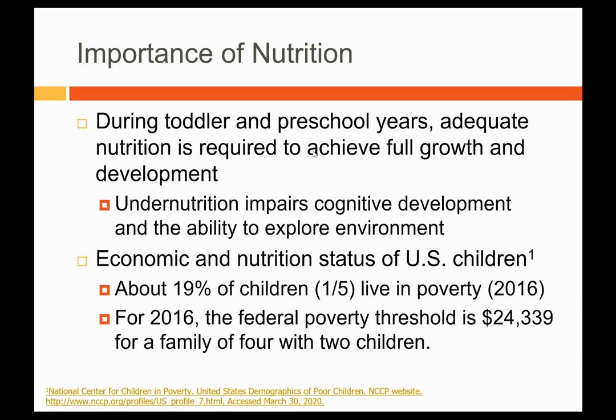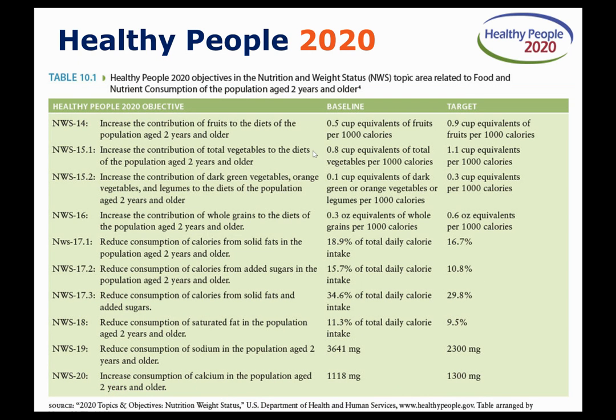So we know that poverty is the main predictor of food insecurity. So if 1 out of 5 children are living in poverty, then it's a safe assumption that about 1 out of 5 children are food insecure or at high risk of food insecurity.